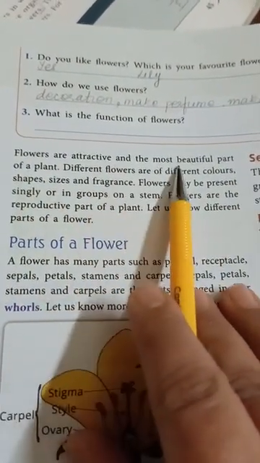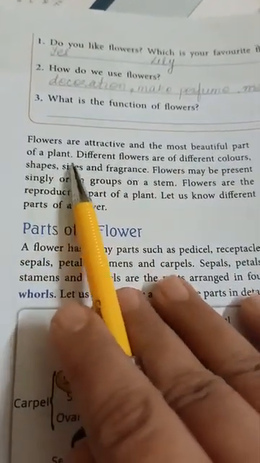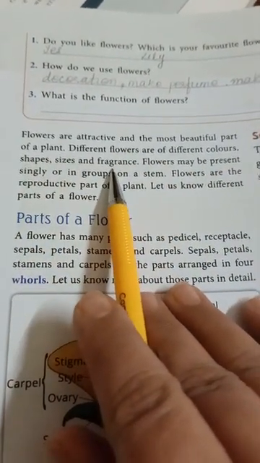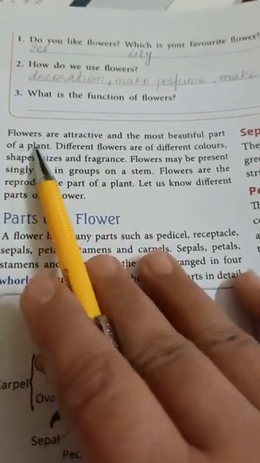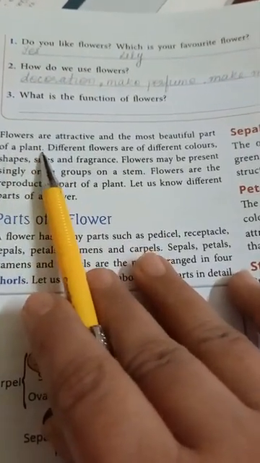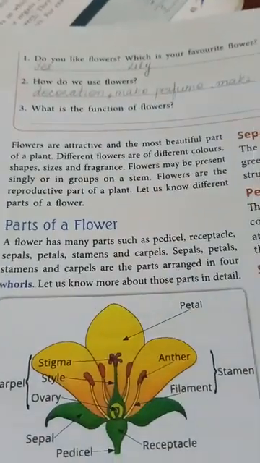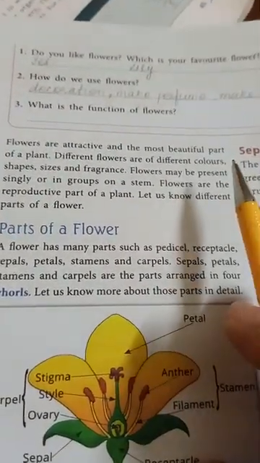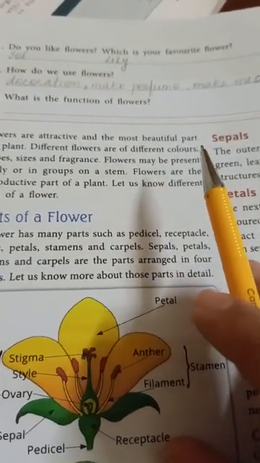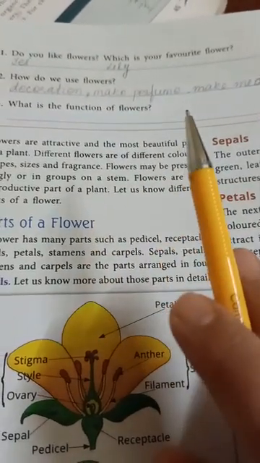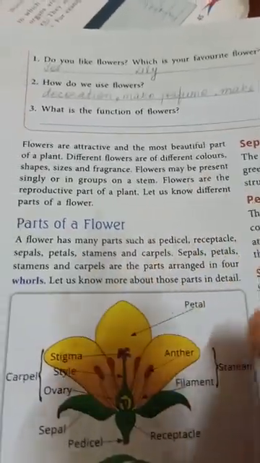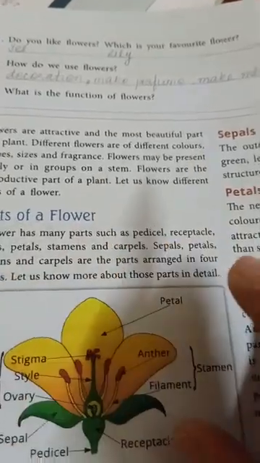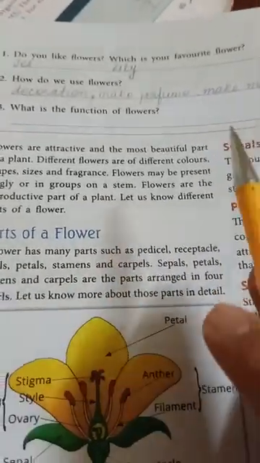Flowers are attractive and the most beautiful part of a plant. Different flowers are of different colors, shapes, sizes and fragrance. The flowers growing on the same plant may be the same in color, size and fragrance, but all flowers are not the same.